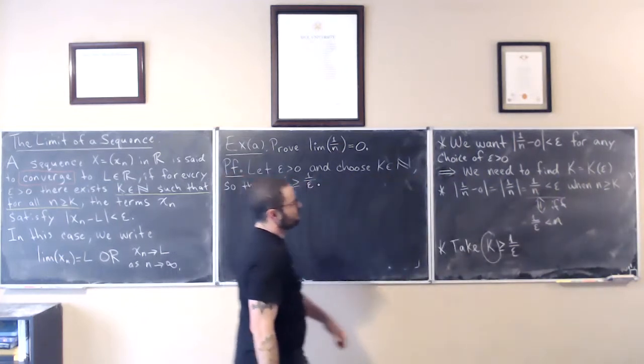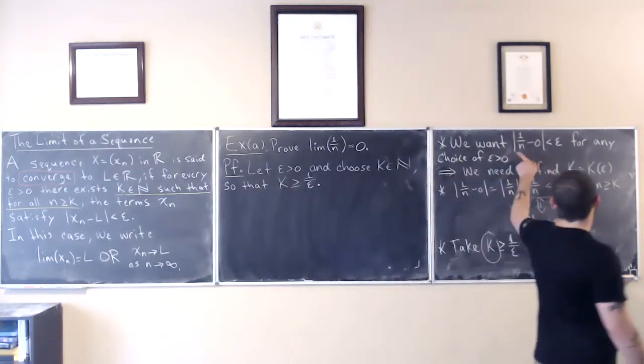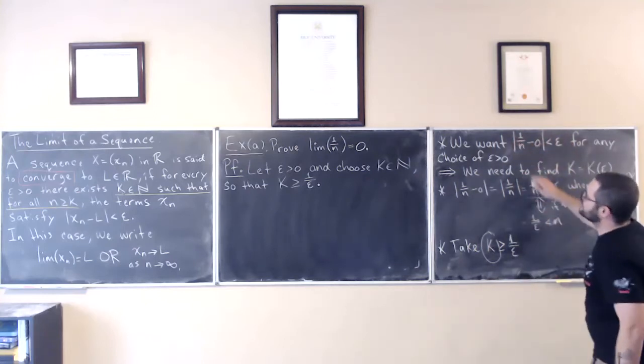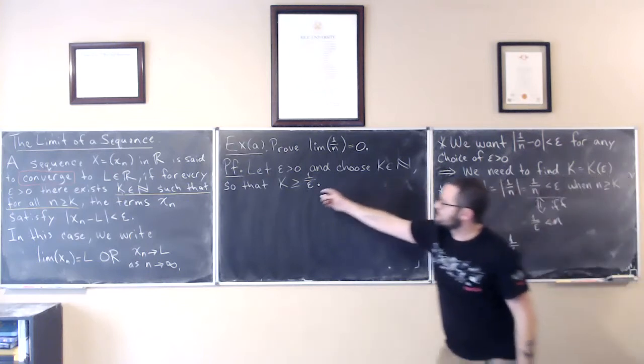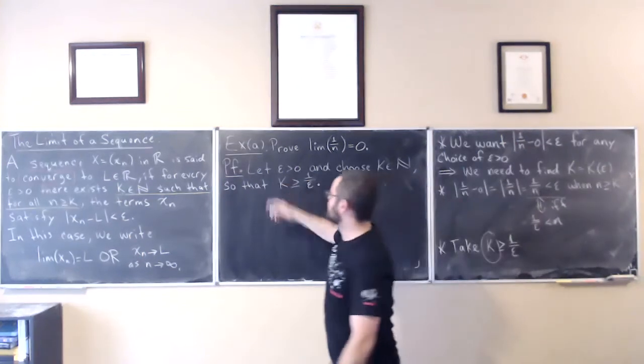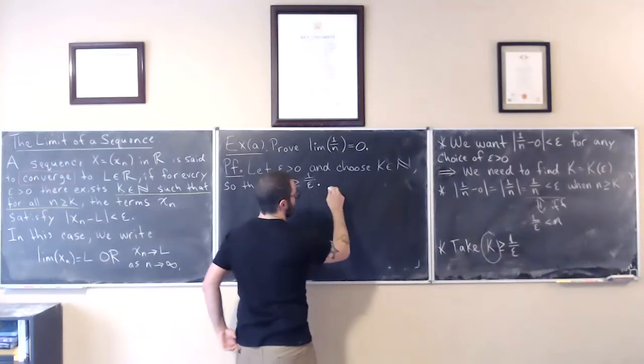So now we just need to show that under that assumption, the distance from the sequence to the limit is at most epsilon under this assumption that n is greater than or equal to k. So I'll just write it out.